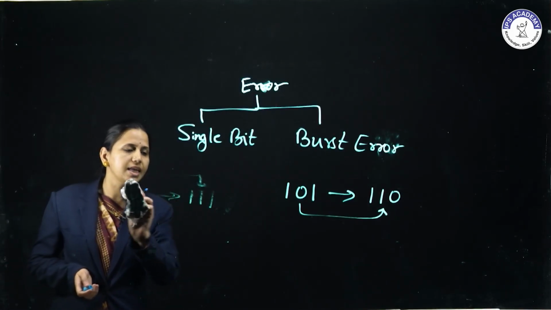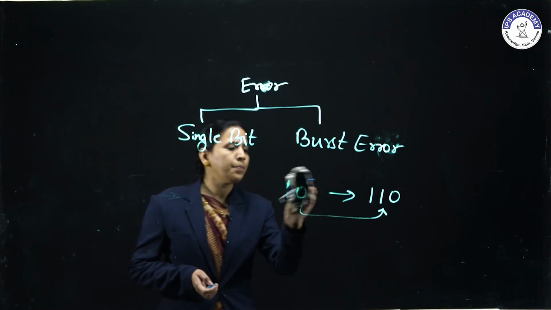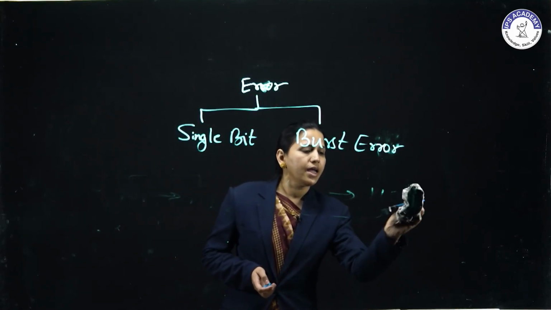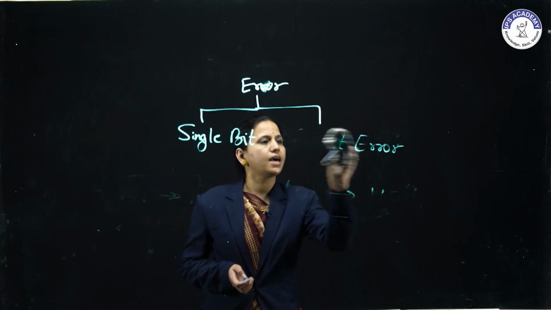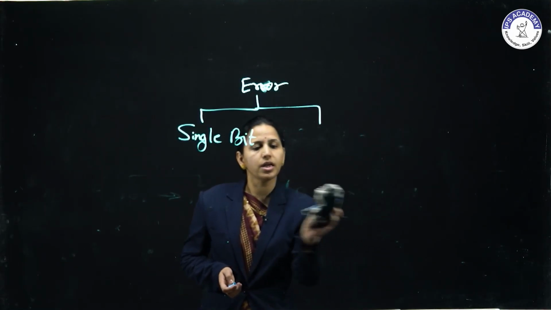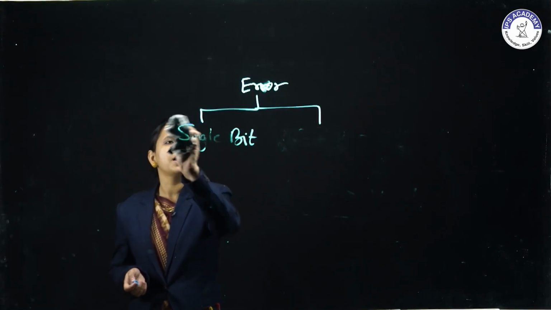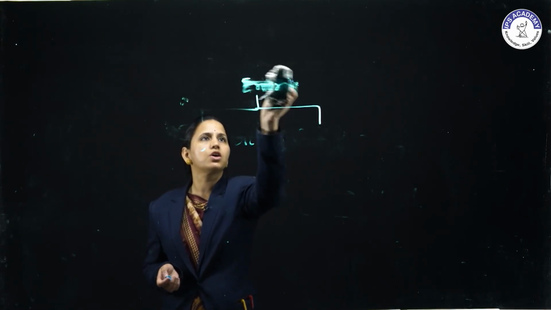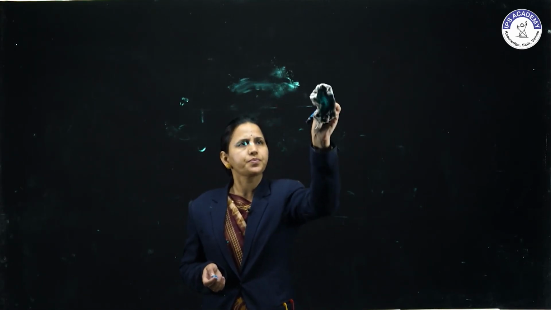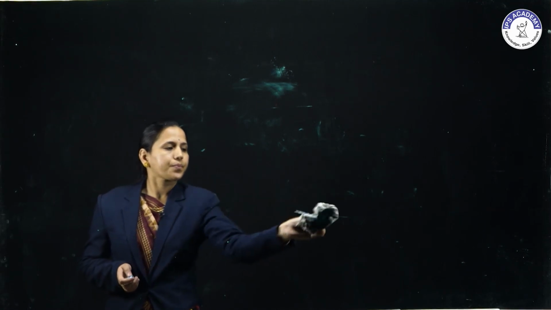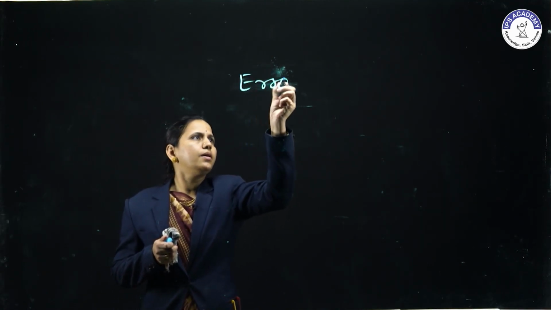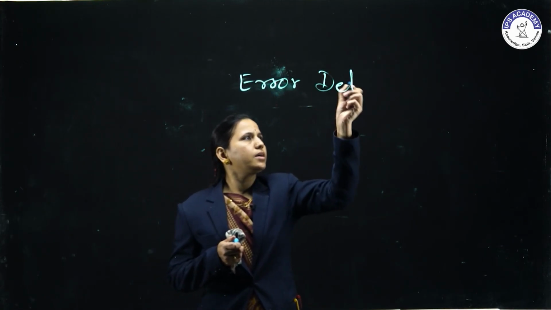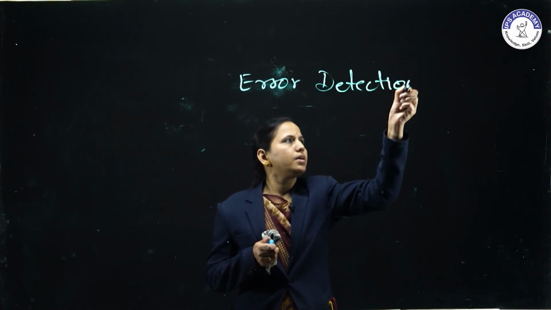So the receiver needs some techniques by which the receiver can identify whether the received data is error free or not. For this purpose we are using 4 types of error detection techniques.